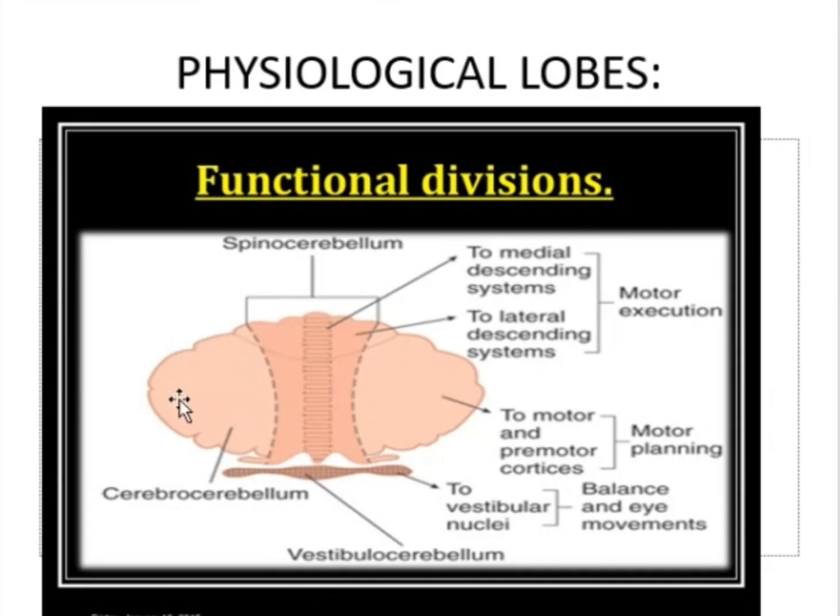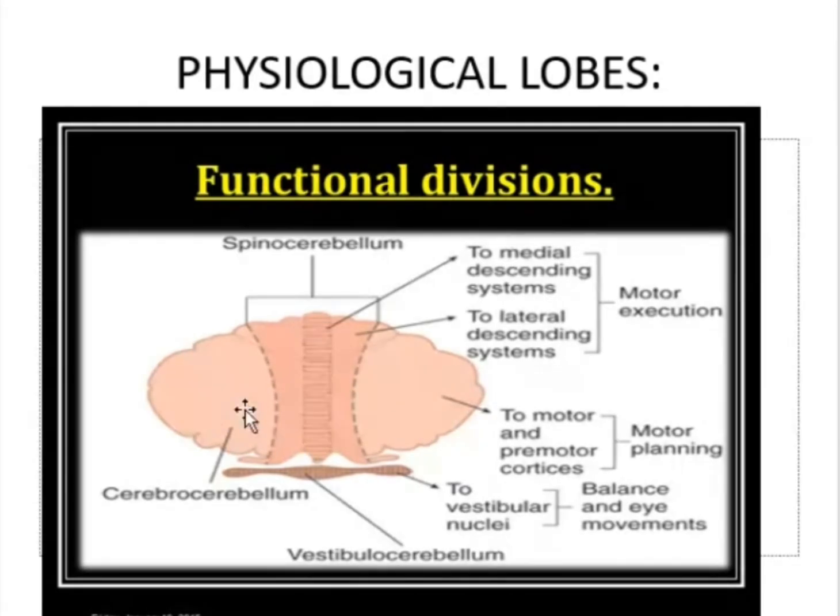The rest of the hemispheres, these are what we call the cortical or cerebrocerebellum. This cortical cerebellum or cerebrocerebellum are those parts of the cerebellum which connect to the motor areas of the cerebrum through the thalamus.